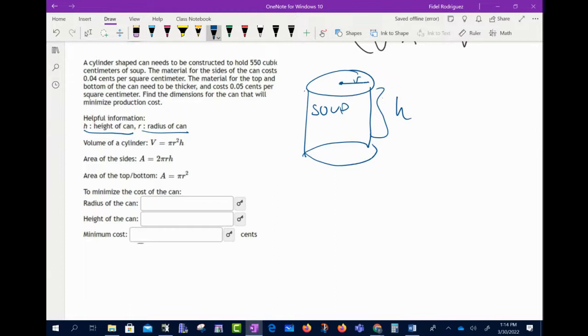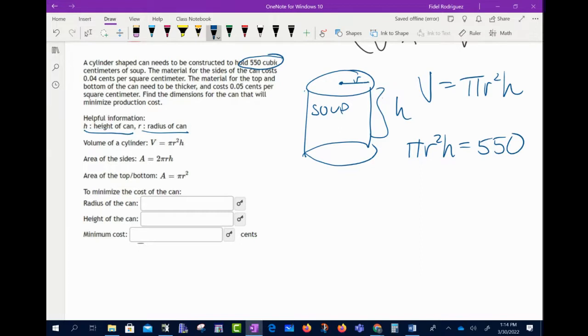Okay, so a couple of things we know. We know the formula for the volume of a can is pi r squared h. The other thing we knew from the very first step is that the volume needs to be 550 cubic centimeters. So that pi r squared h needs to be equal to 550.